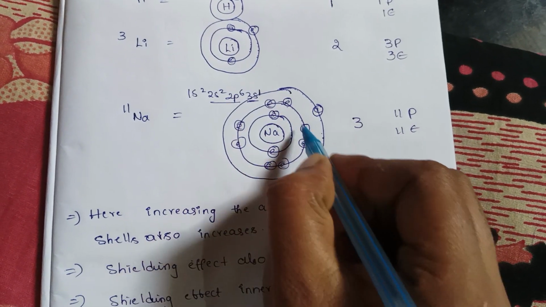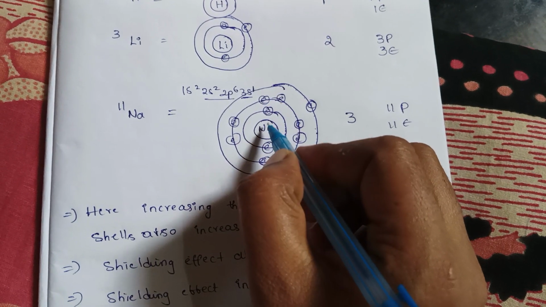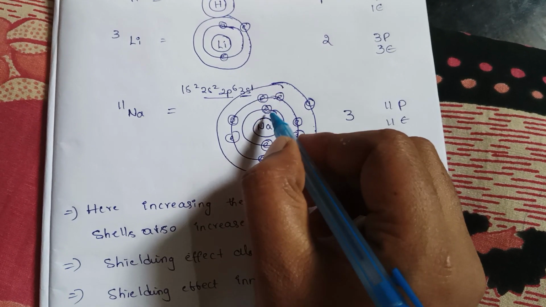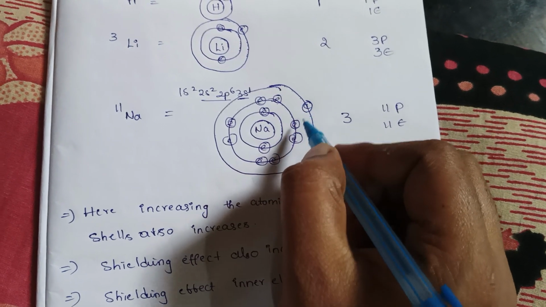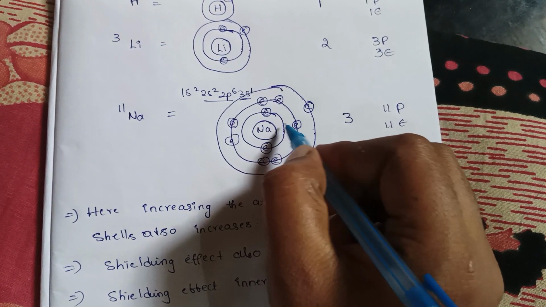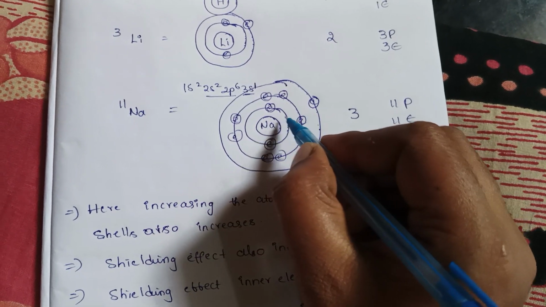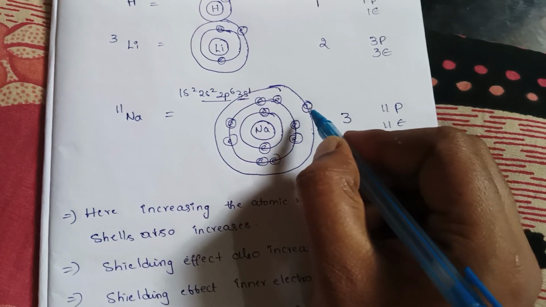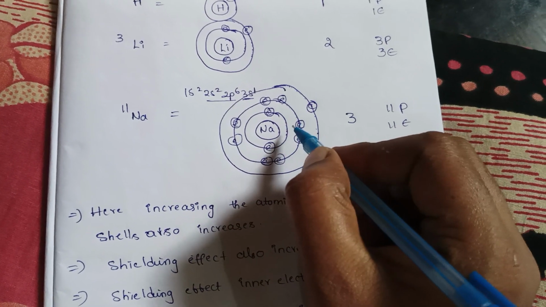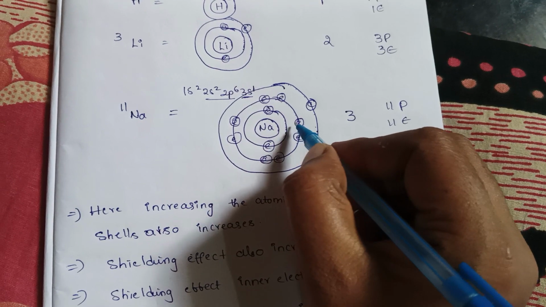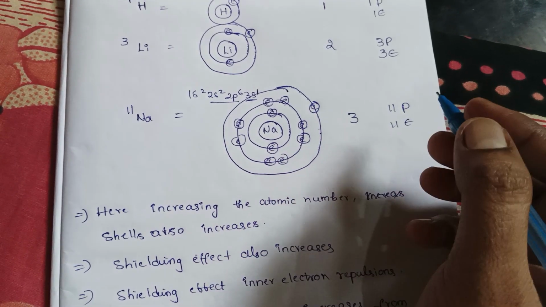These shells act as a shield, because these two shells interact more with the nucleus, but the valence shell does not interact that much because these two shells act like a shield. The nucleus is not interacting much with the valence shell electron, so shielding is more for these two shells. That's why shielding effect is more, but for the valence electron it is less.